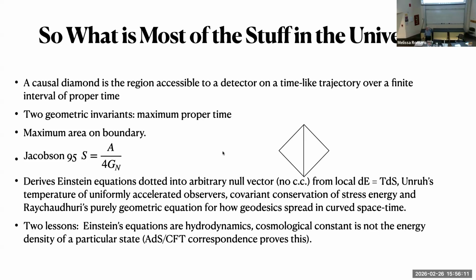And the boundary of that causal diamond is a pair of light cones. It's the backward light cone from the future point of the time interval and the forward light cone of the past point of the time interval. And that's why we call it a diamond, because if we draw a picture and project it on a two-dimensional plane, it looks like a diamond.